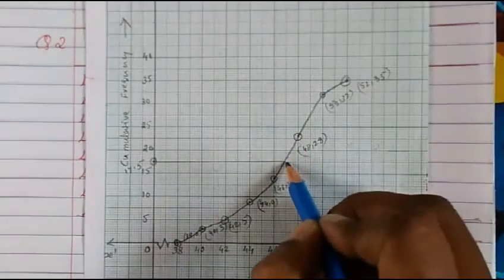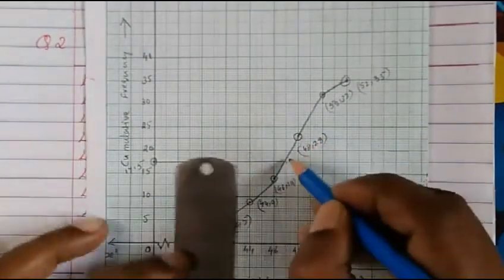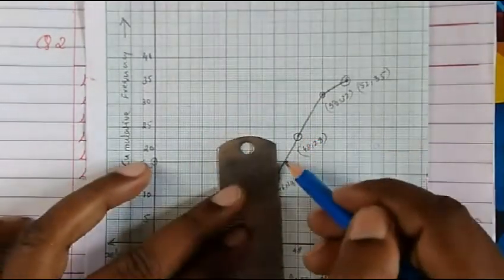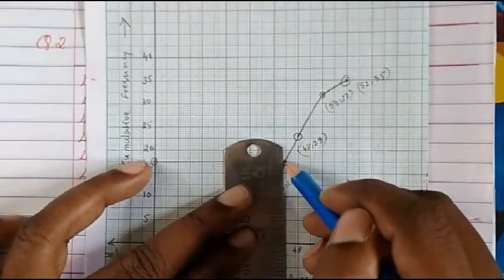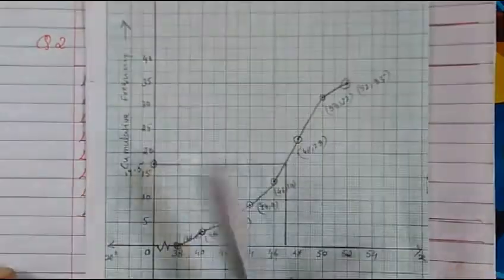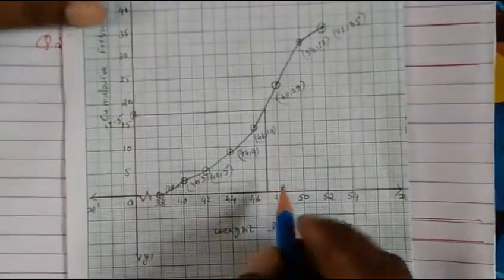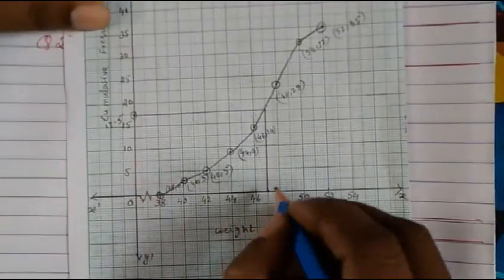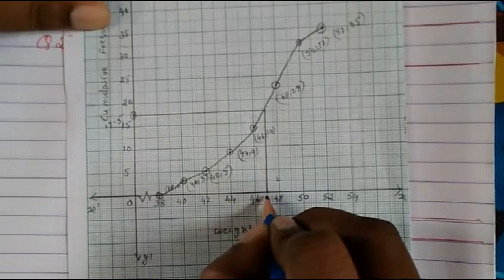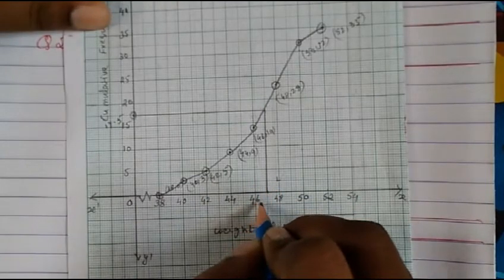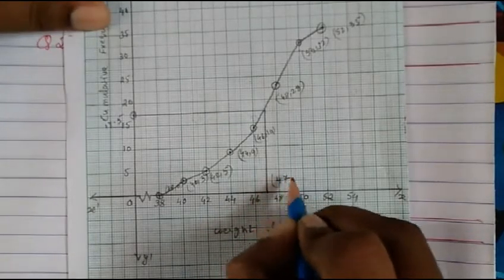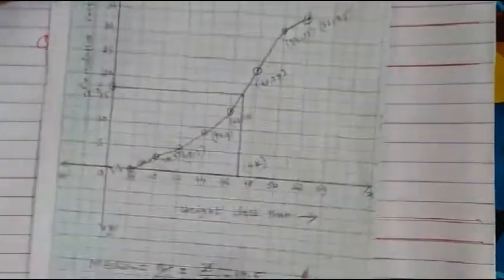Where the curve is touching, from there you have to draw a line to the x-axis. It comes at this point, 46, with a difference of 2, so 47.